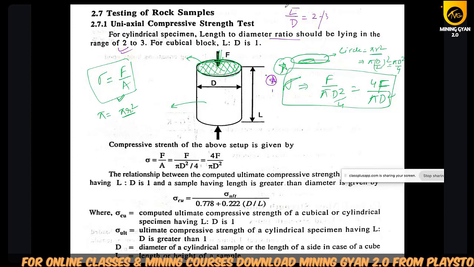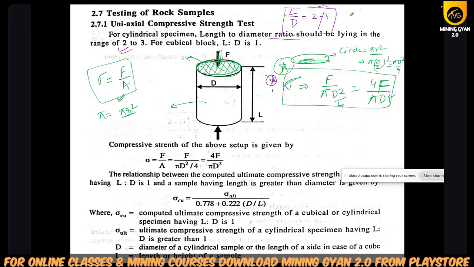Means it can be 2, 2.5, 2.6, 2.1, 2.9, but not more than 3 or less than 2 for the cylindrical.